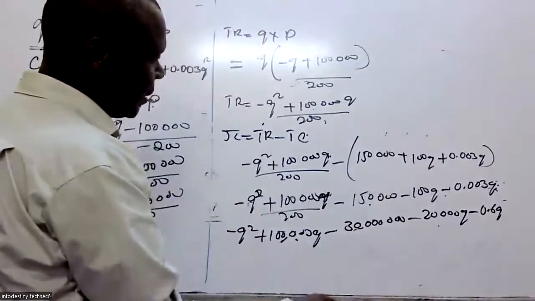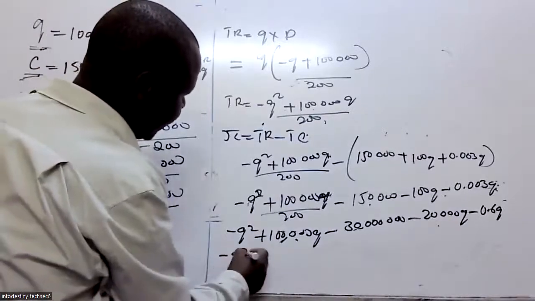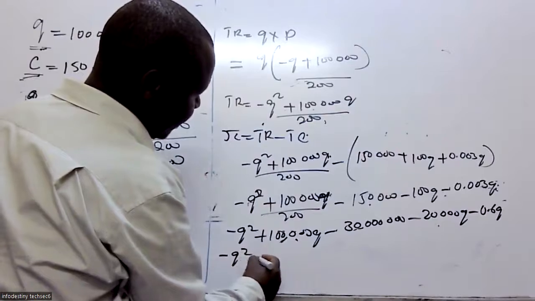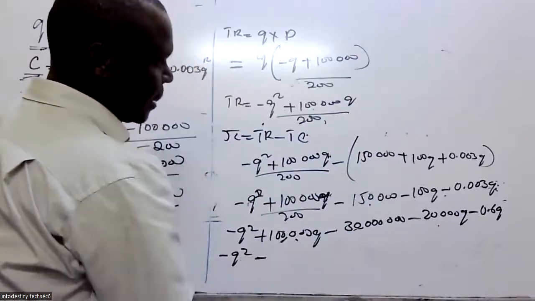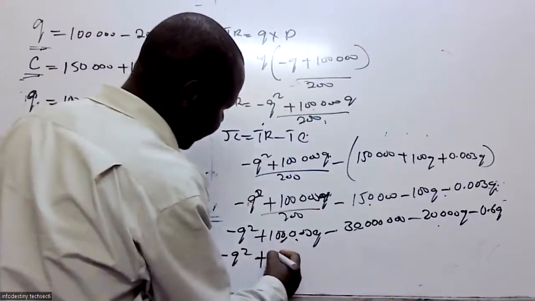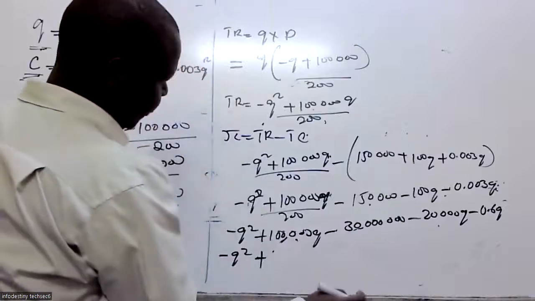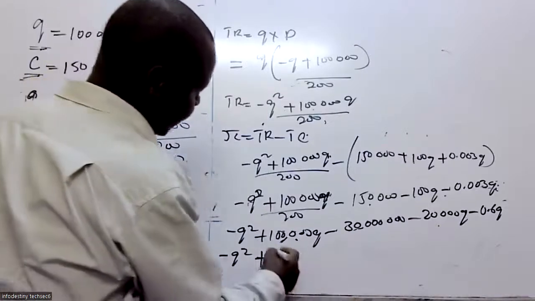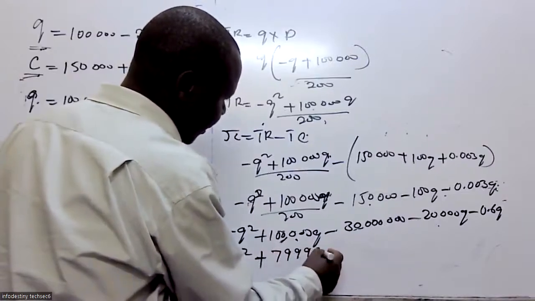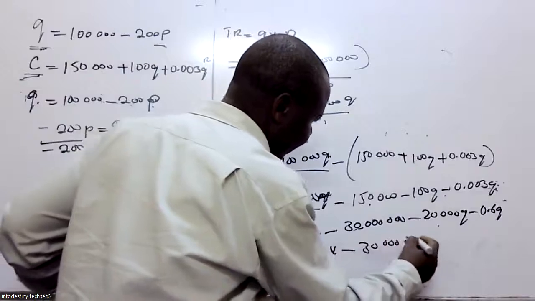It's going to give us 79,999.4 Q, and then this one, minus Q squared, minus 30 million. That's the profit function.